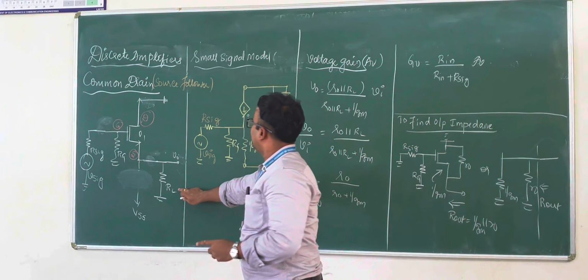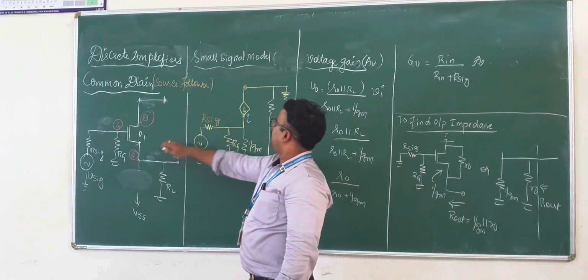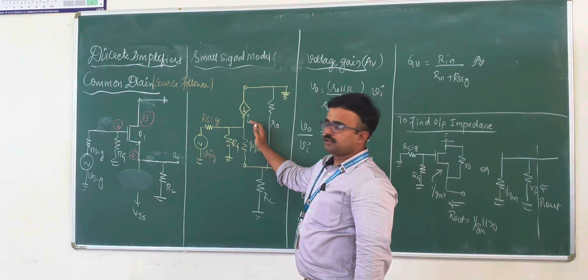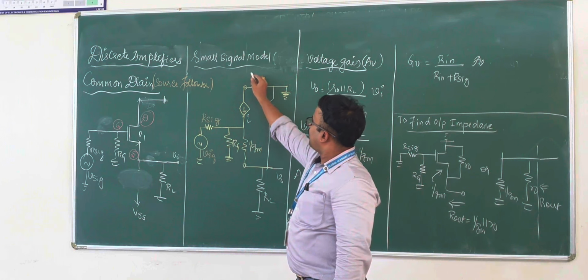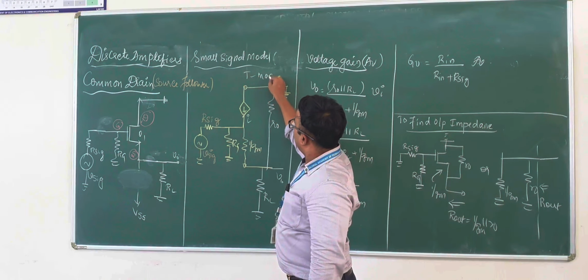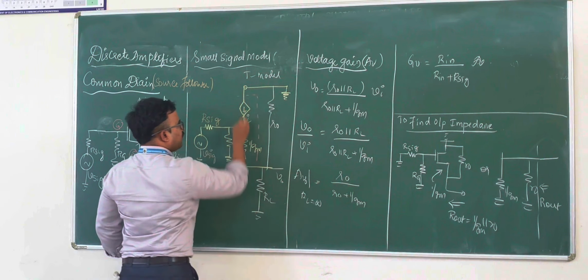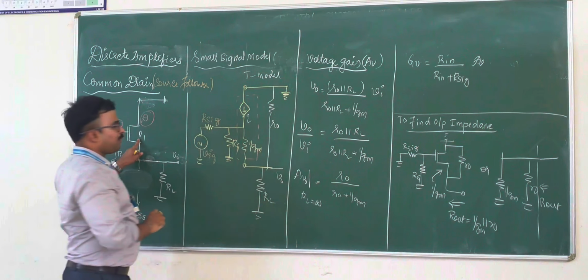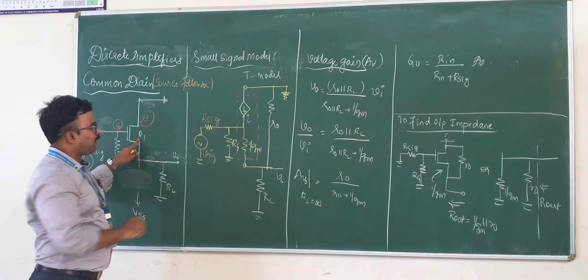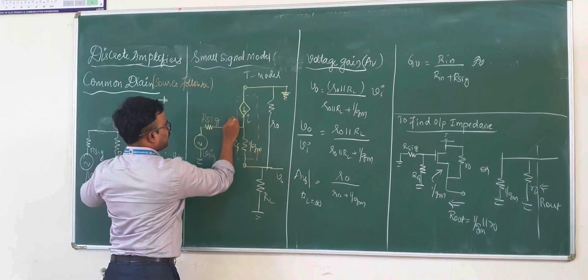Now from this common drain AC equivalent model, we go for the small signal model, where a T model is made use of. Whatever I am drawing in the dotted line is a replacement of transistor Q1. So this is the gate terminal.